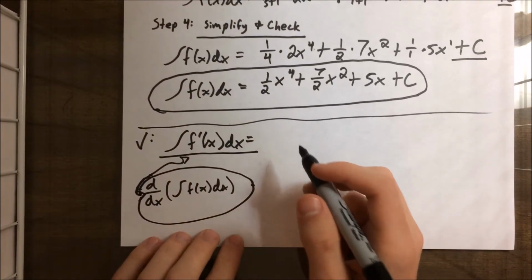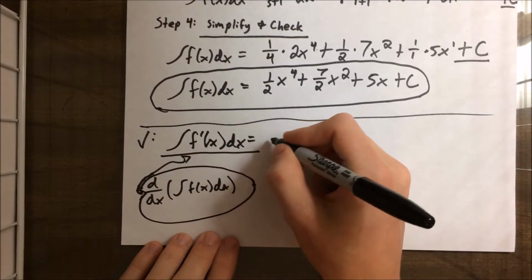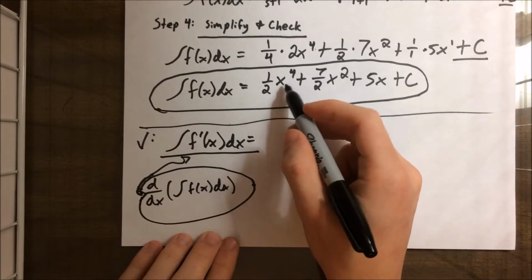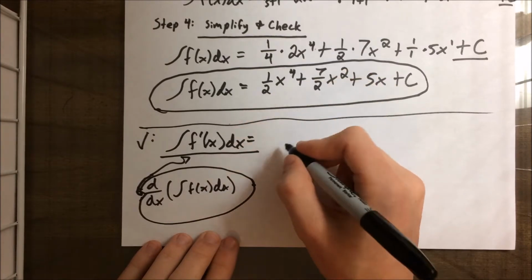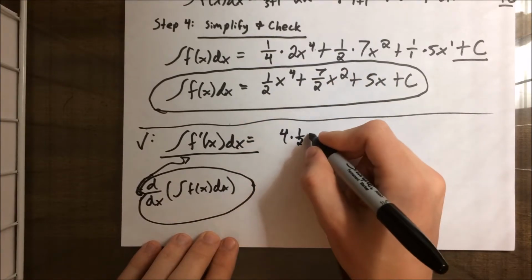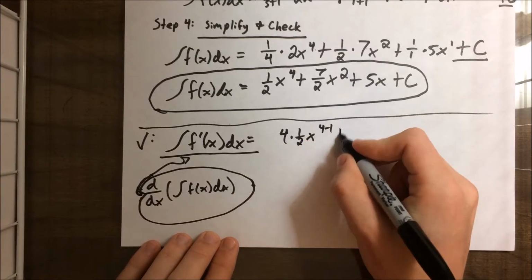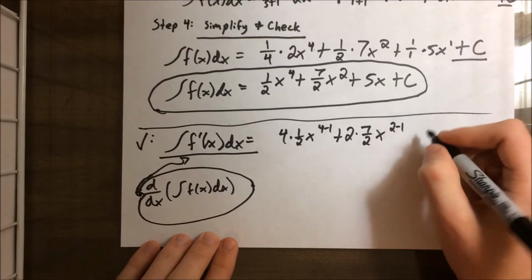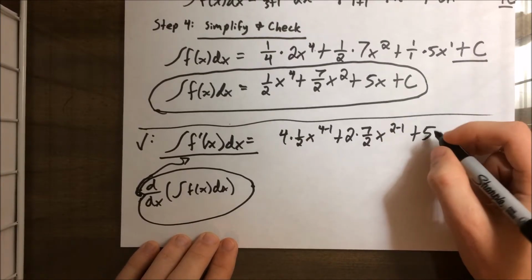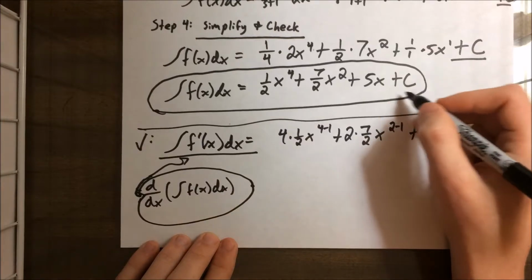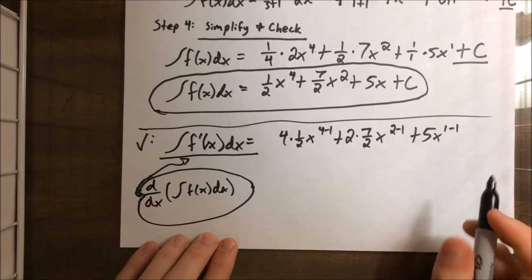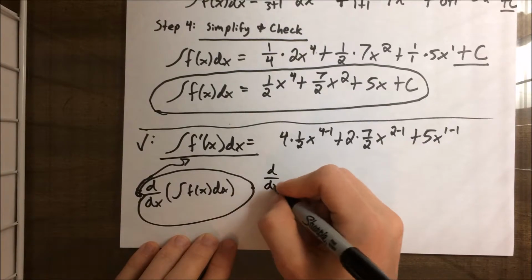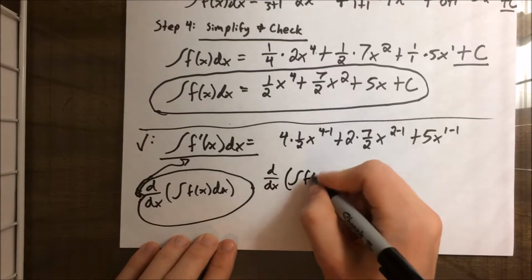Okay, so the derivative of this would be 4 times 1/2 x to the 4 minus 1 plus 2 times 7/2 x to the 2 minus 1 plus 5 x to the 1 minus 1, and then the c goes away because it's a constant. So then I'm going to write it like this because technically this is correct.